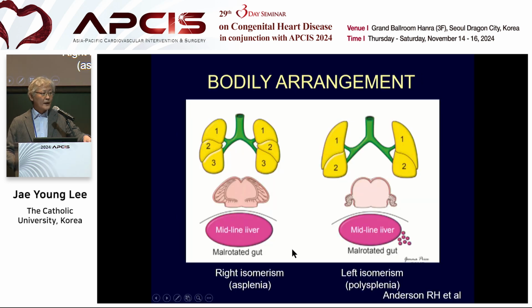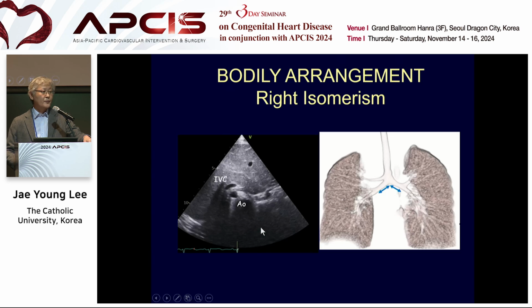We cannot always identify the atrial morphology by echocardiography, but sometimes we can suspect it. In this case, the spine and two great arteries are here. In the normal, usual arrangement, the aorta is on the left and the IVC is on the right.